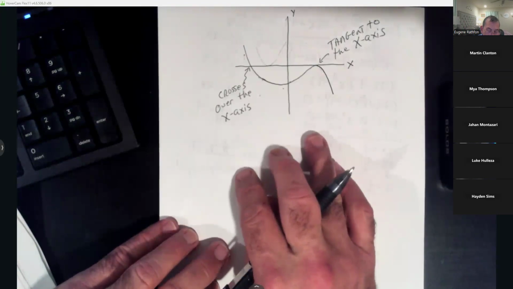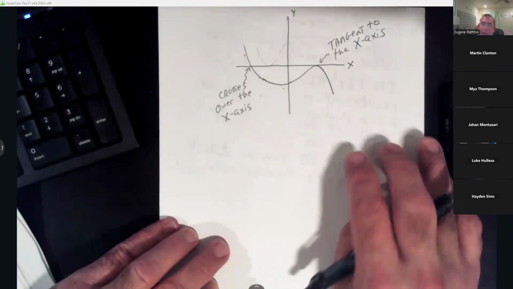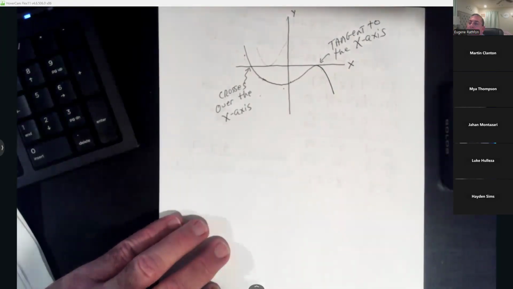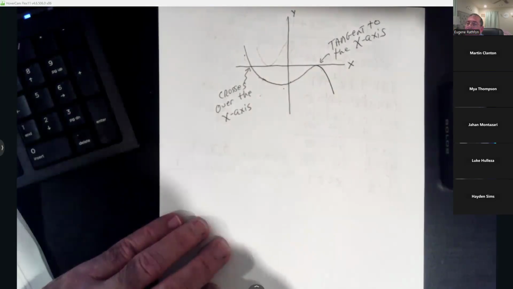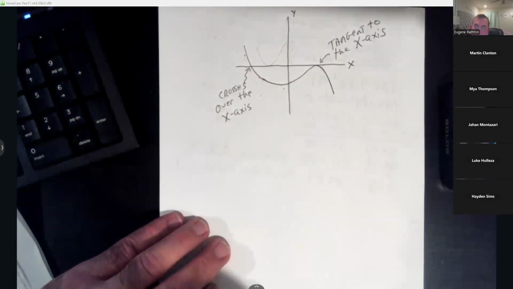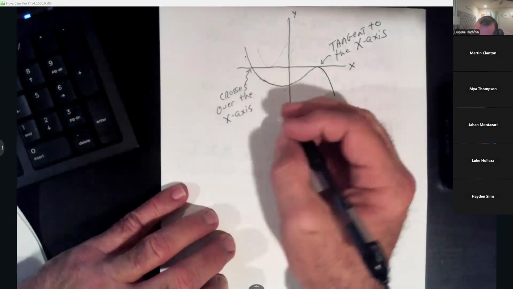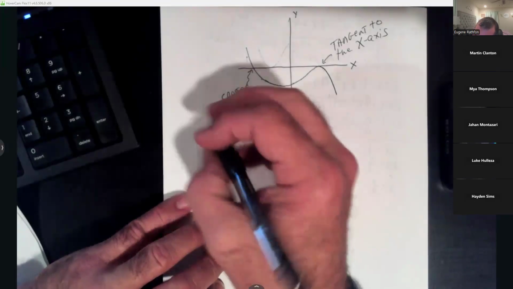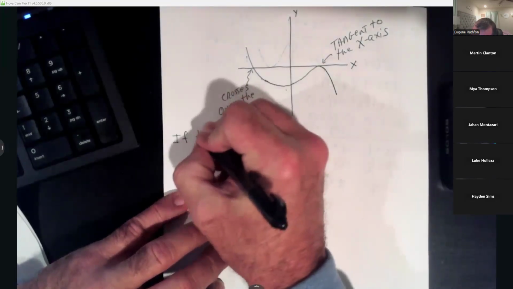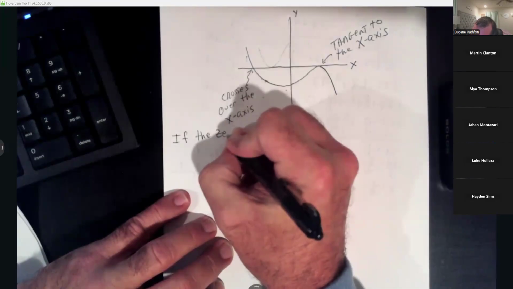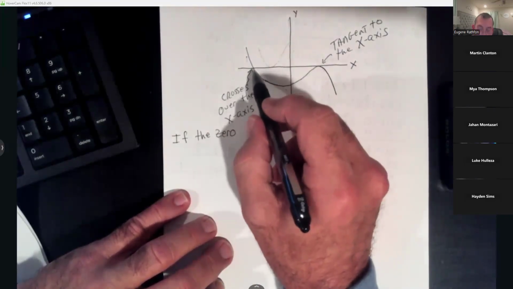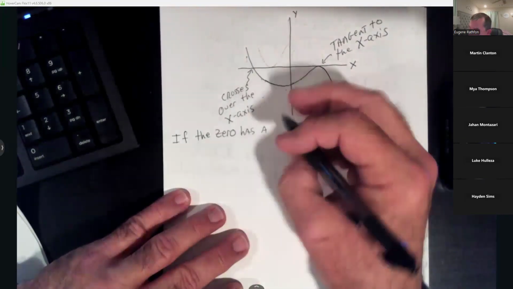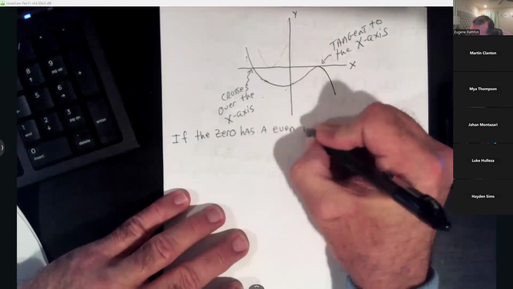So how do I tell? And y'all, I tell by looking at the multiplicity of the zero or the degree. Okay? So I'm basically looking at the degree to determine if the zero, that's the x value of the point, has an even multiplicity.